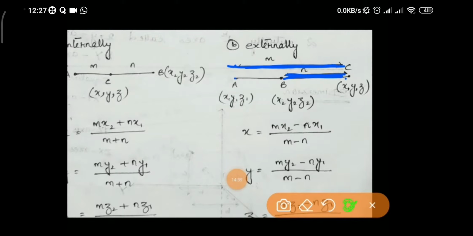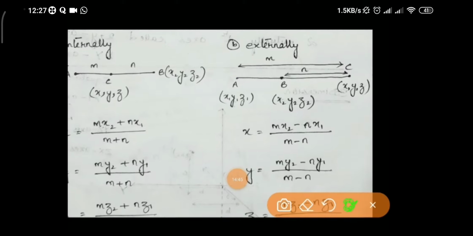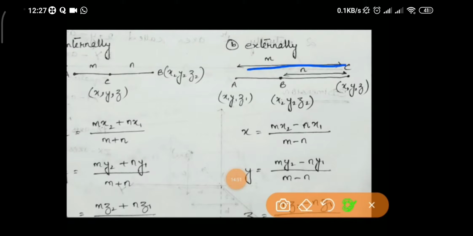We say it divides, but don't think like that, it will be confusing. It's simple that the distance ratios are m and n. From A to the point is m, from B to the point is n. And in this case externally we just put a minus sign in the numerator as well as the denominator, you will get the answer.